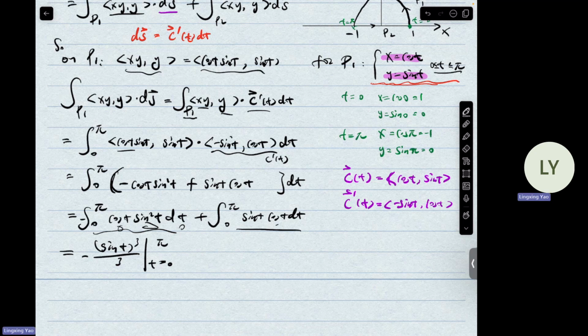Similarly, you can treat u to be cosine t, and then du equals negative sine t dt. So this is negative u du here. So u squared over 2 is the antiderivative. So that is a negative sign.